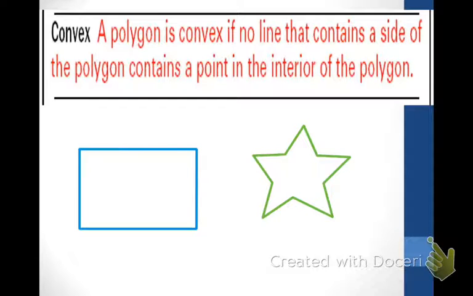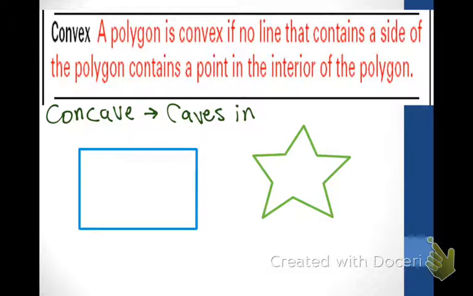All right, so I will explain what convex means. For concave, I want you to think of something that caves in. Have any of you ever built a fort? I pray that should be a requirement of all childhoods.